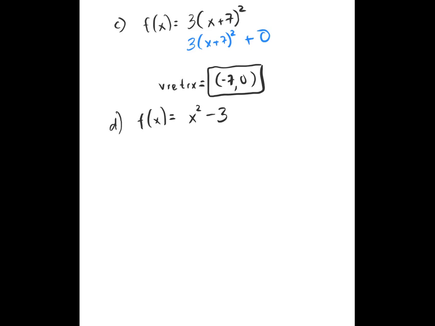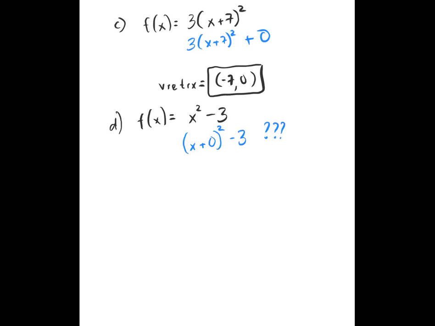What is it missing? Parentheses. But can we write it like this? Well, let's think about it. Let's try to simplify this, okay?